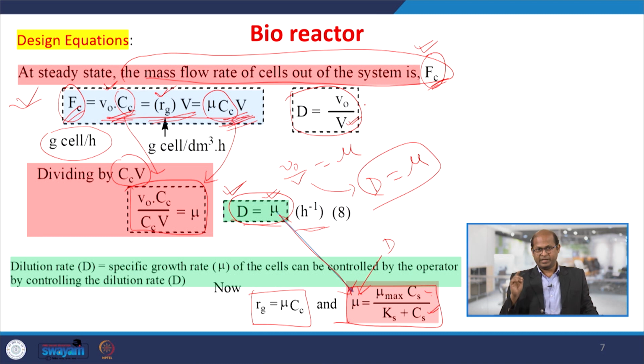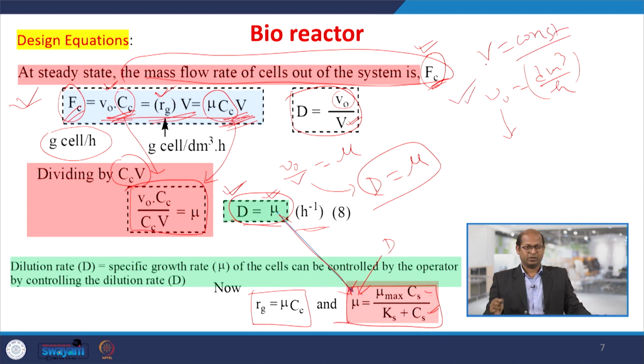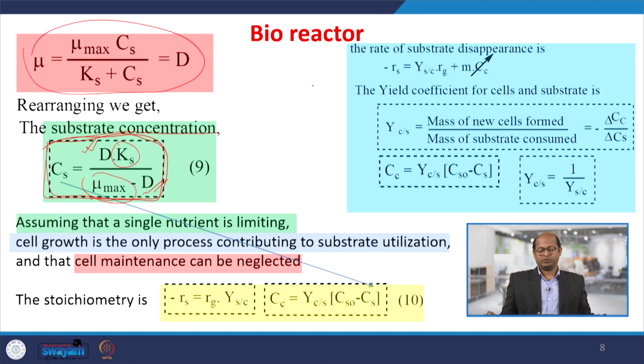The volume of a particular reactor is constant, but the volumetric flow rate we can change. So this part is variable. If we increase V_0, D will increase. If we decrease V_0, the volumetric flow rate of the feed entering the reactor, the D value will change accordingly.